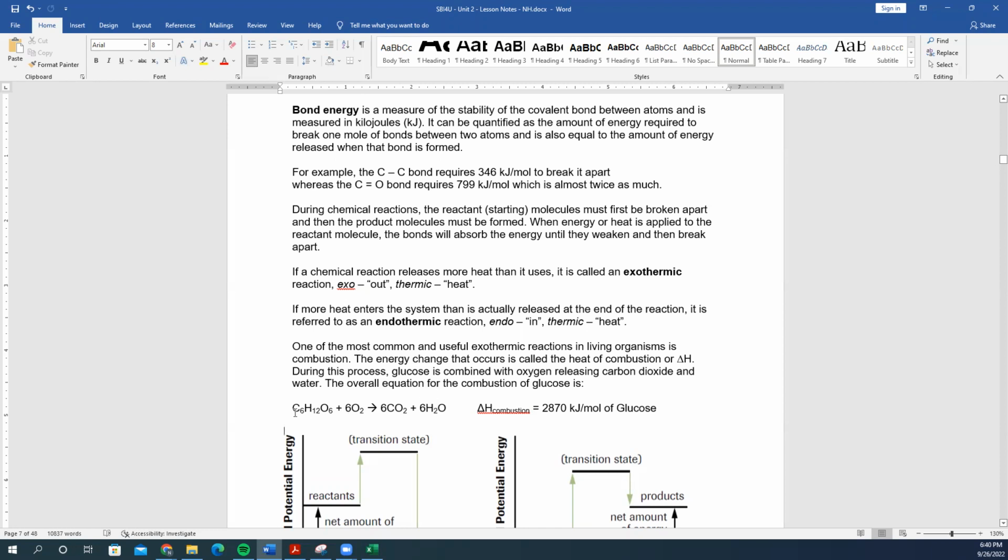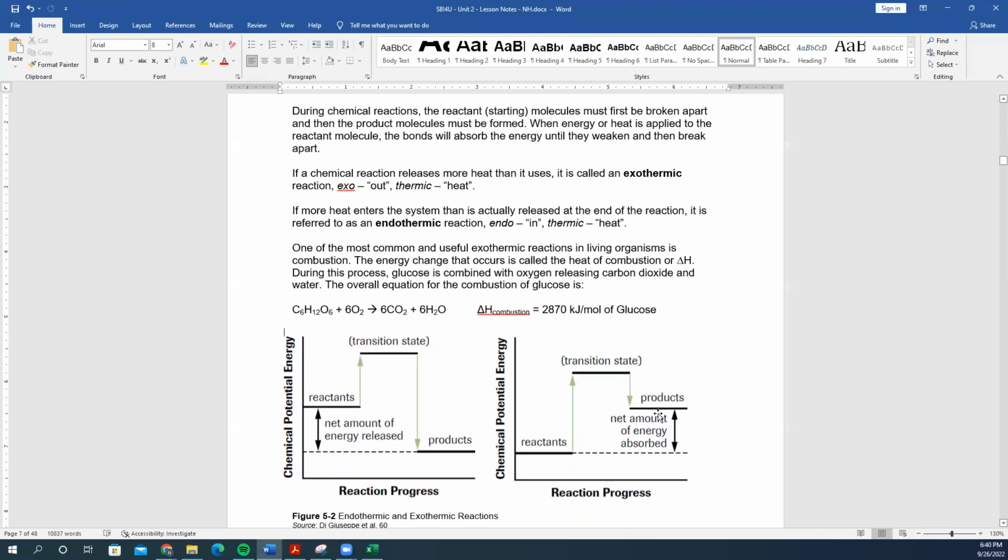And the overall reaction for glucose is written like this. And the delta H of combustion is 2,870 kilojoules per mole of glucose. So that's how much energy is produced when 1 mole of glucose goes through a combustion reaction.